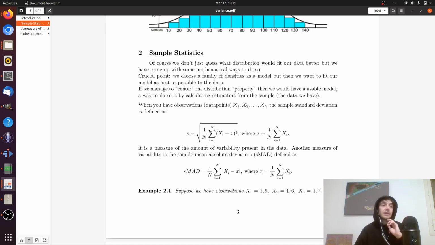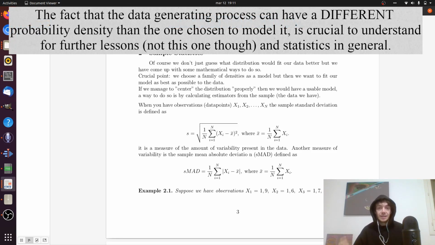And then if we want to assign probabilities to the outcomes, we have to model our data generating process through some probability density. But we don't know if we're going to choose the right one. The probability density that we choose to model a certain data generating process could be mistaken.